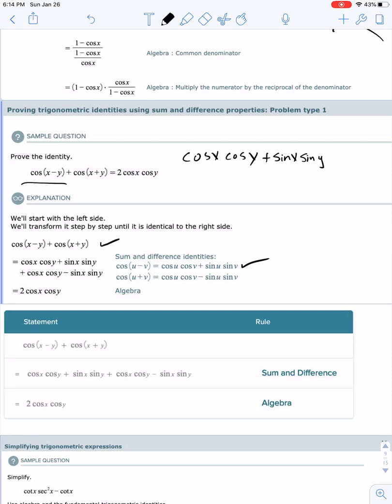And now cosine x plus y, we're going to use this identity. So that's going to give us plus cosine x cosine y minus sine x sine y. So we have two of those.